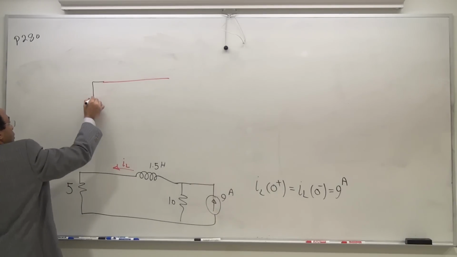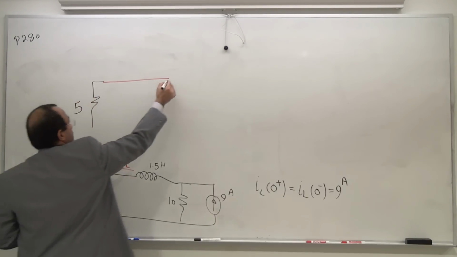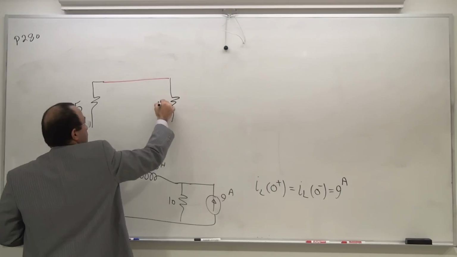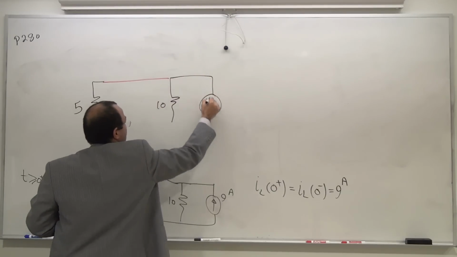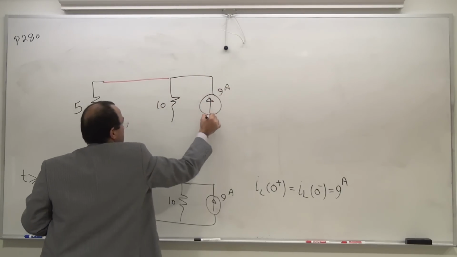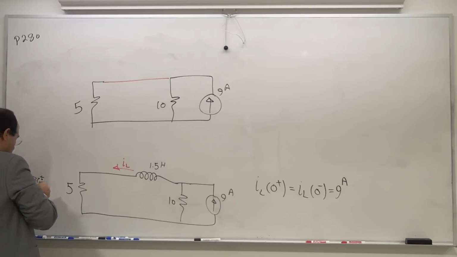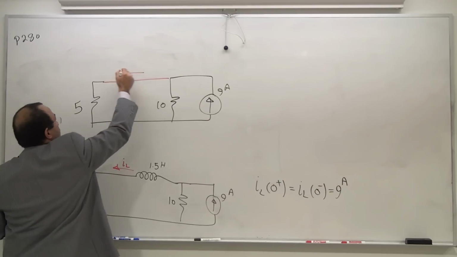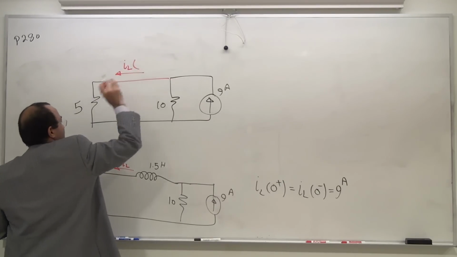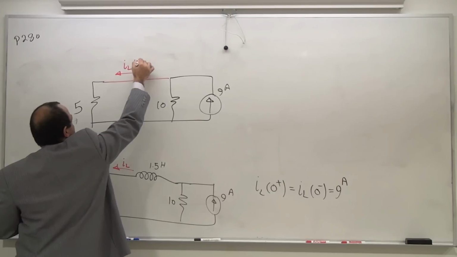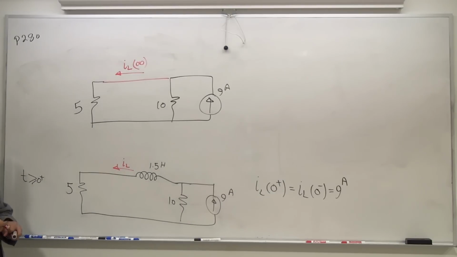And you have 5 ohm, you have 10 ohm, and you have 9 amp. What am I trying to find? I'm trying to find this. Because the snapshot of the design is for infinity, I'm going to label that variable as IL of infinity.